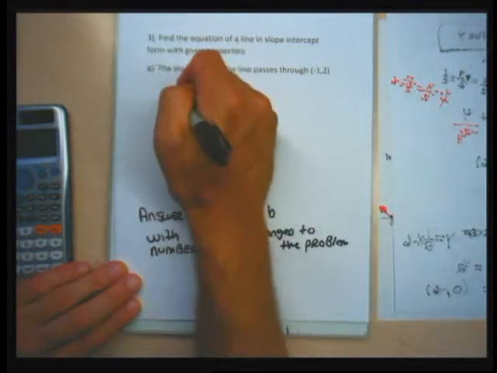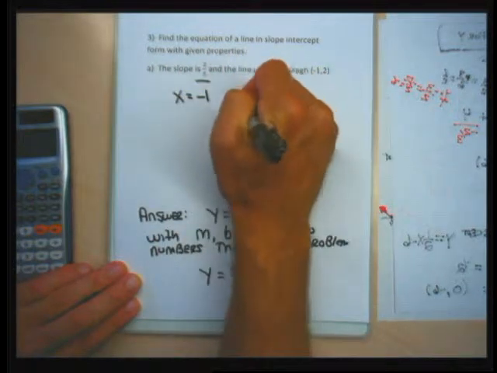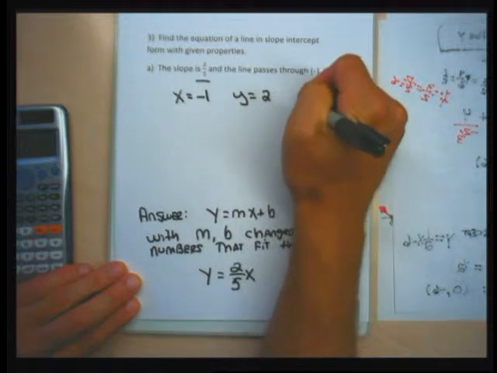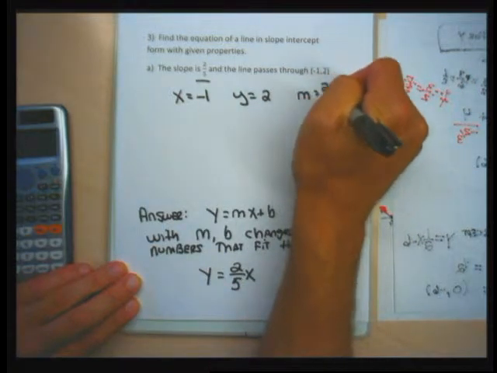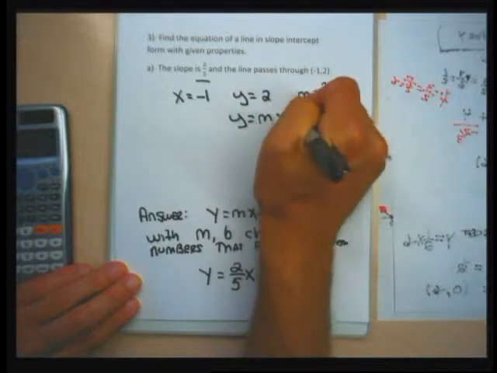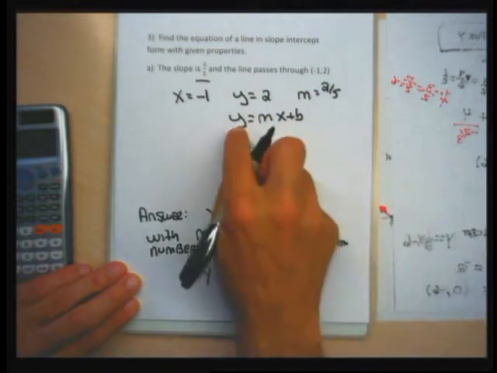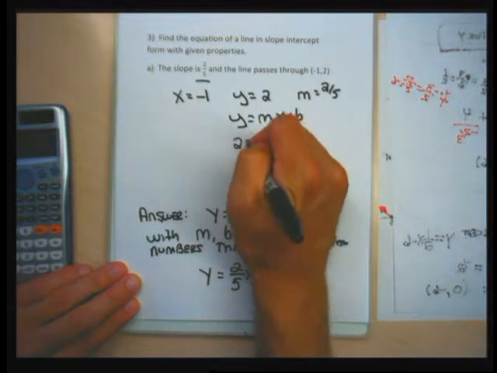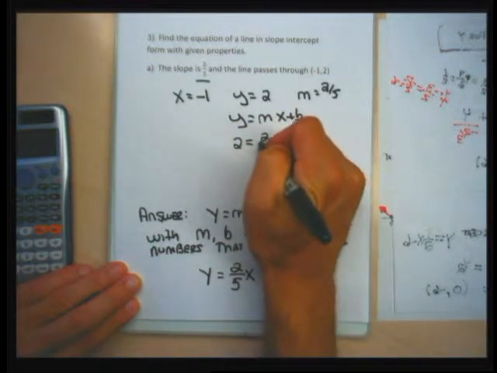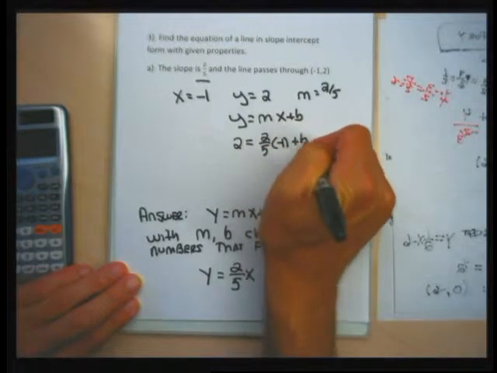What I'm going to do is I'm going to pick x equal to -1, y equal to 2, m equal to 2/5, plug those three numbers into the y equals mx plus b formula, and then do the algebra to solve for b. So I'm going to go y equals 2 equals m, which is 2/5, times x, which is -1, plus b.